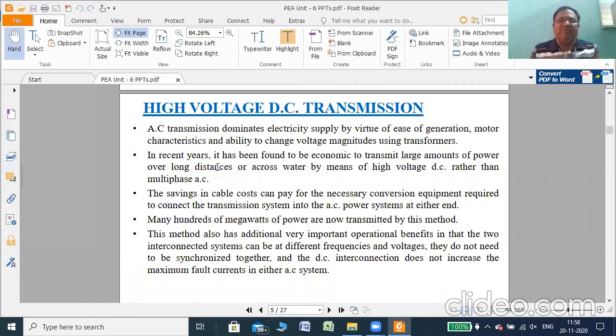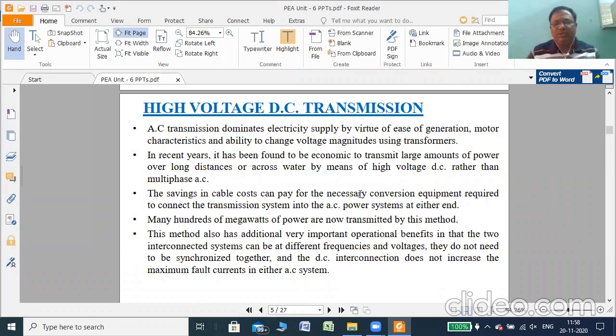There are some disadvantages of AC transmission, which we already discussed in the last lecture. The number of wires required is more, losses are more, and the cost to install is also more.